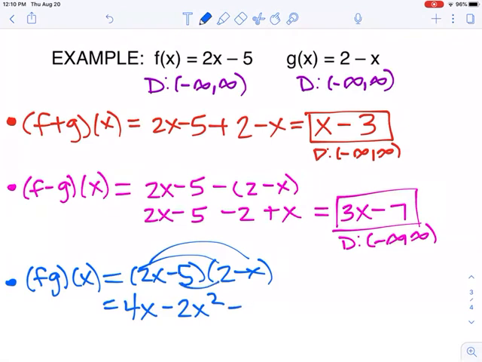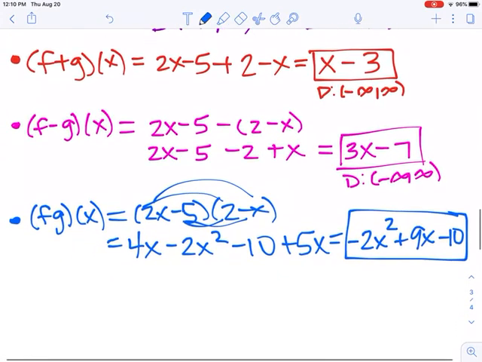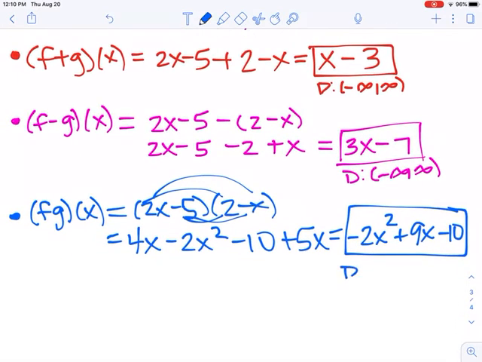So we have 4x minus 2x squared minus 10 plus 5x. When I combine like terms, I really like these to be in order. So I'm going to write negative 2x squared first. Then I'm going to combine my x's to be 9x and then minus 10.